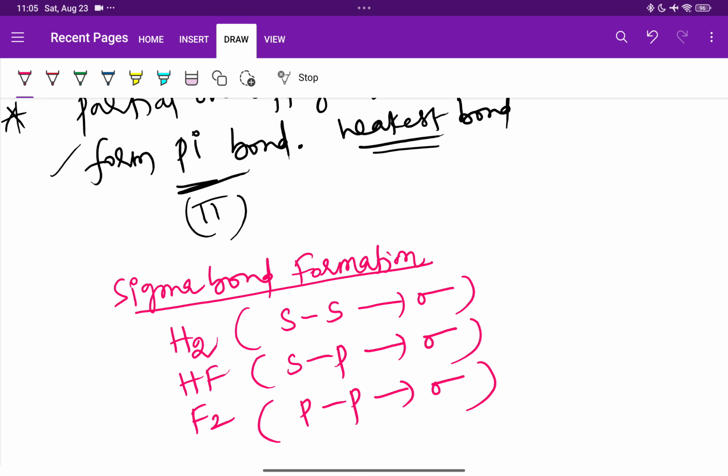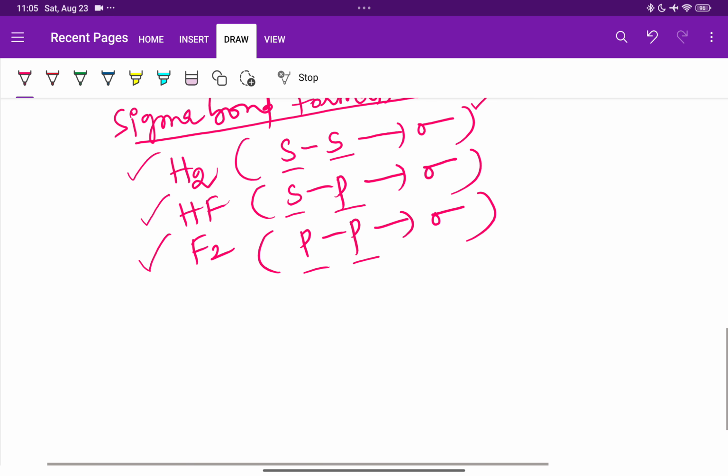I mean s orbital end-end overlapping, s and p orbitals end-end overlapping, p and p orbitals end-end overlapping will form sigma bonds. So in the H2 you will find SS overlapping, in the HF you will find SP overlapping, in the F2 you will find PP overlapping. So we will start here.